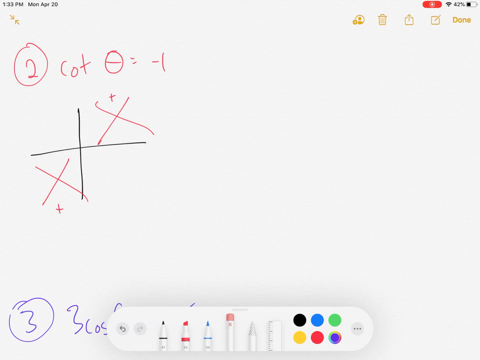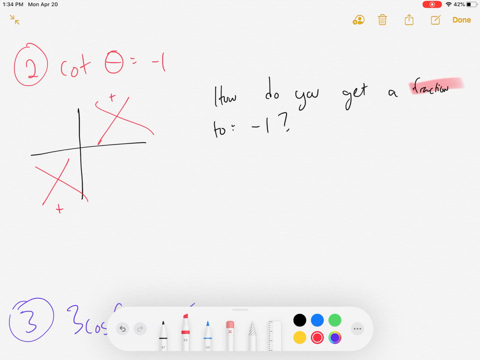Okay, so I want to figure out where cotangent is equal to -1. Well, first, the question you have to ask yourself is, how do you get a fraction to equal -1? And why am I saying a fraction? Well, remember, what is cotangent equal to?